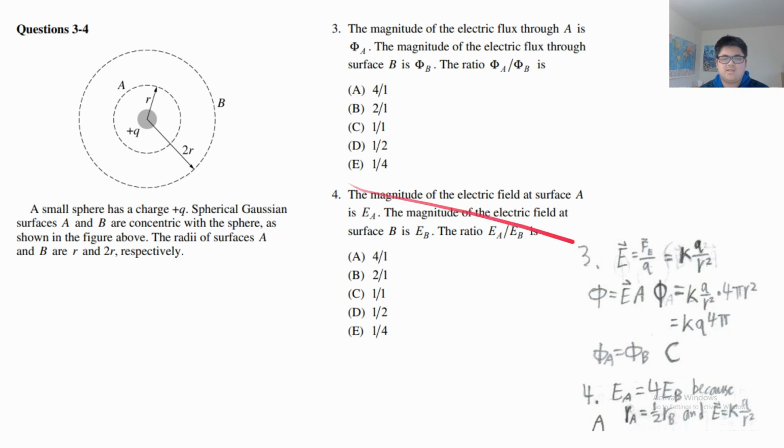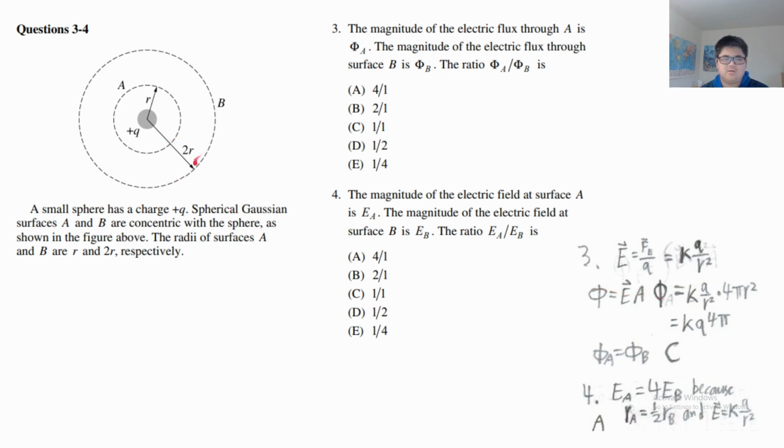Since the radius of the second sphere is twice the radius of the first sphere, that means the magnitude of the electric field going through the second sphere must be 1/4 the magnitude of the electric field going through the first sphere, because it's something over r squared.